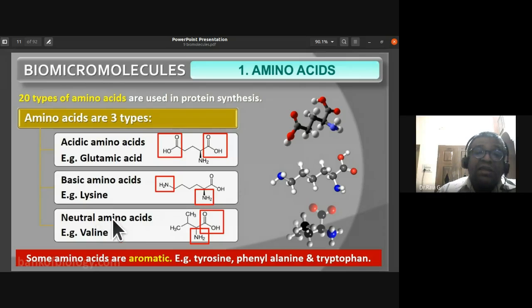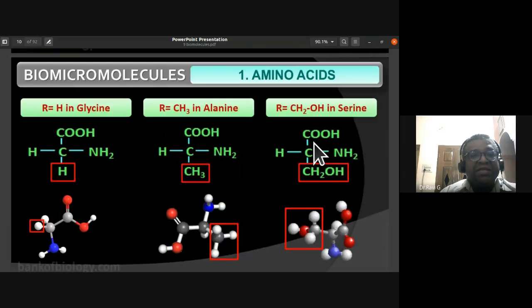Neutral amino acids have one amino group and one carboxylic acid group, as in valine. Glutamic acid is an acidic amino acid, and lysine is a basic amino acid. We have also studied three structures: GAS, that is glycine, alanine, and serine.